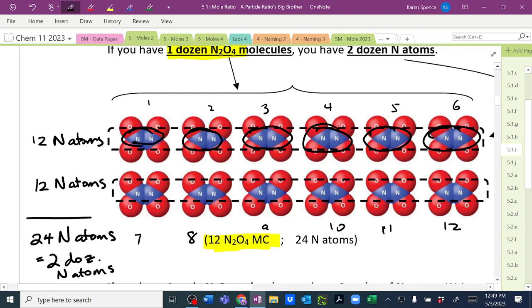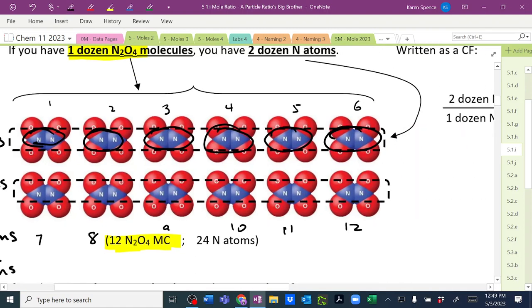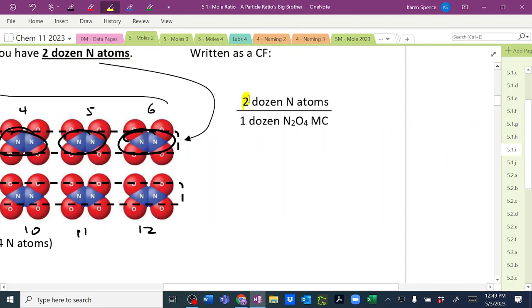So once again, we have 1 dozen molecules containing 2 dozen N atoms. Yes? So we still have a 1-to-2 ratio. We've just added the word dozen.